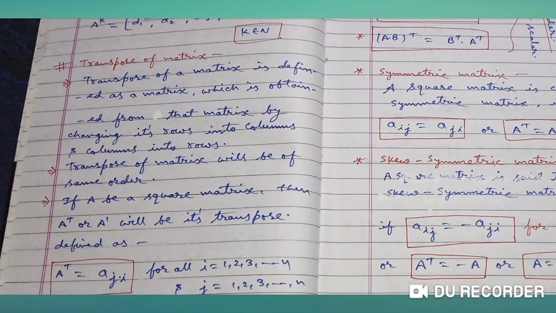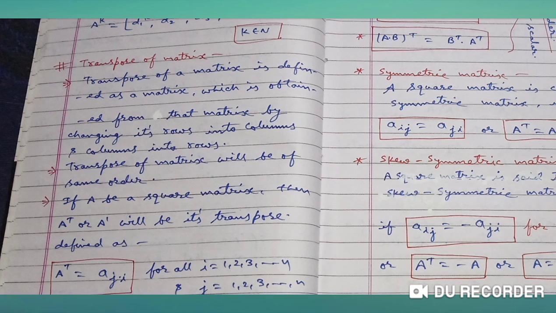We can also say these things in a different way: the first column will be made the first row, the second column will be made the second row, the third column will be made the third row. So these two things are equal. If we make rows into columns or columns into rows, both are the same thing.